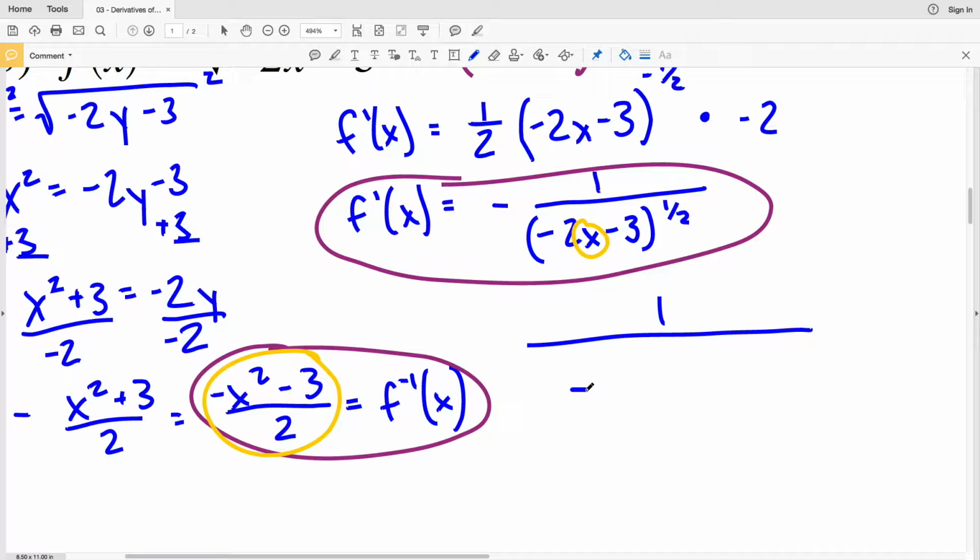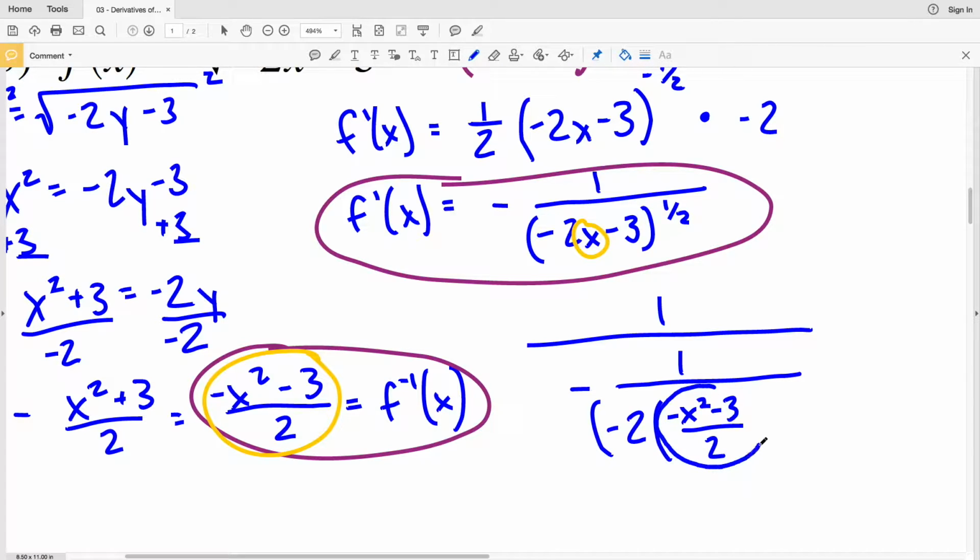So this is negative 1 all over negative 2 times x, which x is negative x squared minus 3 all over 2. So here you can see my inverse function of f of x, and then that will get subtracted by 3, and that entire quantity is raised to the 1/2.